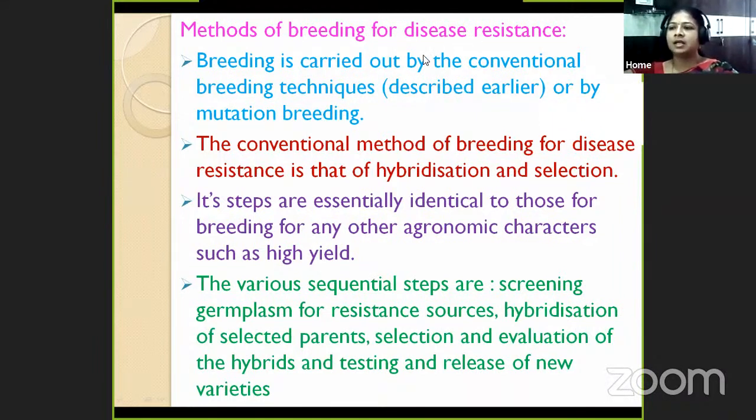There are 5 major steps in any breeding program, whether breeding for disease resistance, high yield, more nutrient-enriched varieties, or stress resistance. These 5 basic steps were discussed in the previous slides. So breeding is carried out by conventional breeding techniques or by mutation breeding.